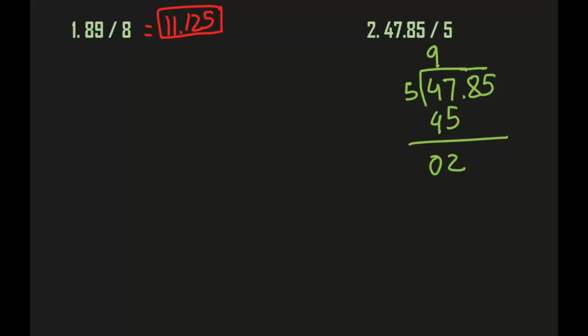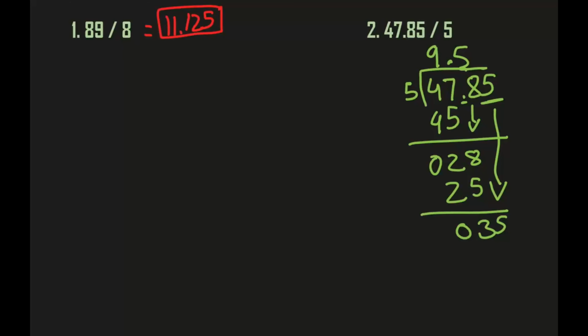Now we'll add a decimal point because we have a decimal point here. Now we'll bring the 8 down. So we have 28. 5 times 5 equals 25. So we'll subtract 8 minus 5 equals 3. 2 minus 2 equals 0. Now again we have a 5 to worry about. So we'll bring that down. We have 35.